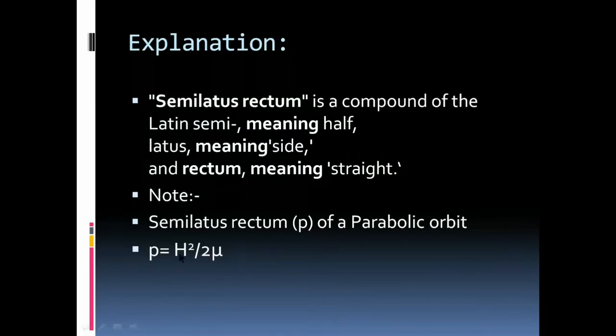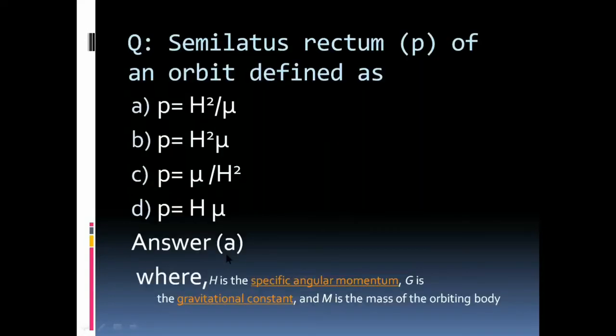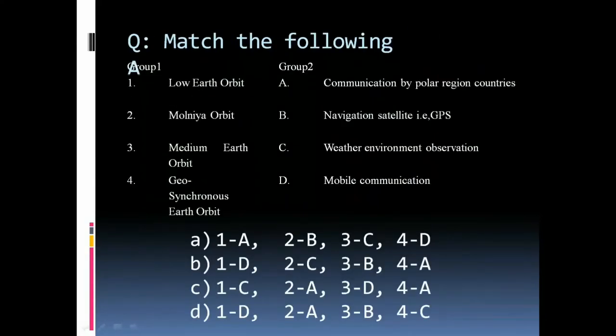But make a note of it, the semi-latus rectum P of a parabolic orbit is h squared by 2 mu. Please remember, if you see the question parabolic orbit, it is P equals h squared by 2 mu, whereas for a circular orbit or in general, P equals h squared by mu. So answer A.